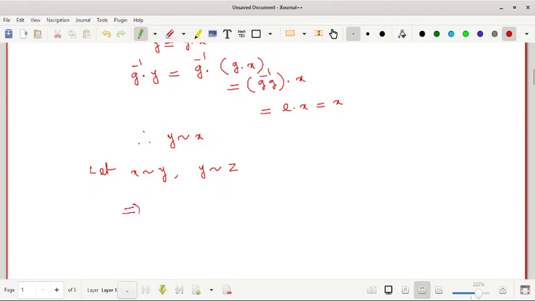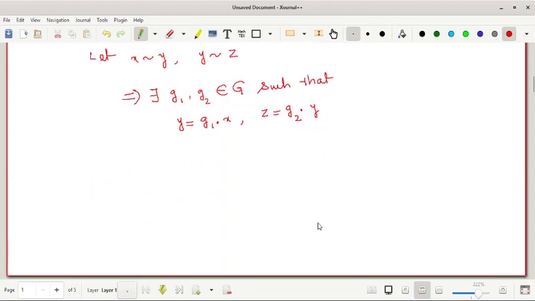Then it means there exist g1, g2 in capital G such that y equals g1 dot x and z equals g2 dot y. I want to show that x is related to z.